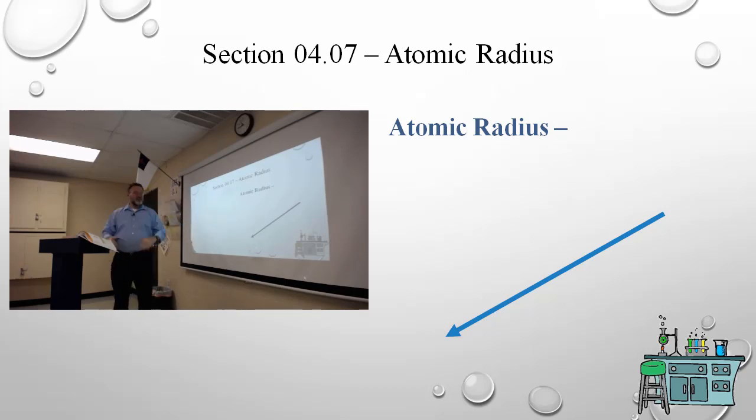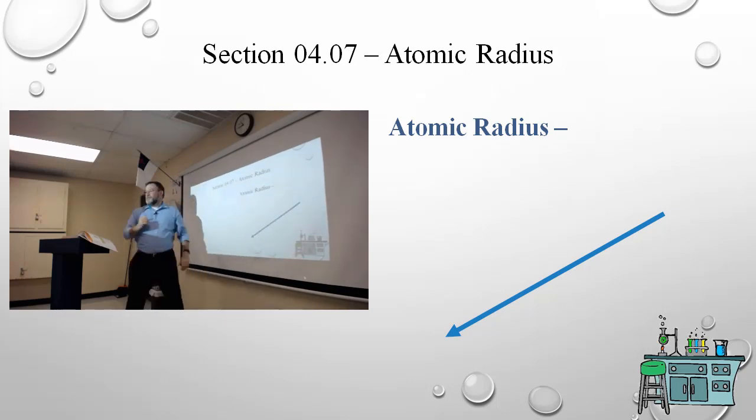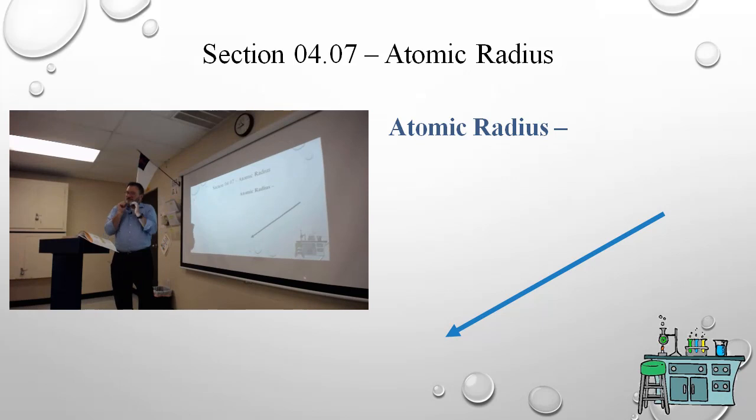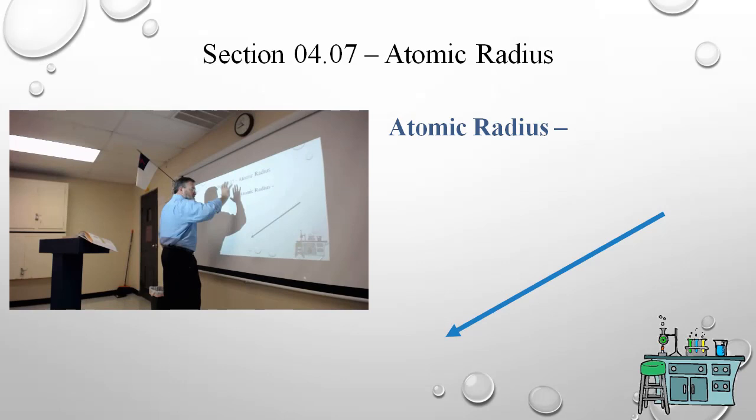So the trend from top to bottom is small to big. And the trend from left to right is big to small. My smaller radius is going to tend to be up and to the right. And my larger radius is going to be to the left and down.